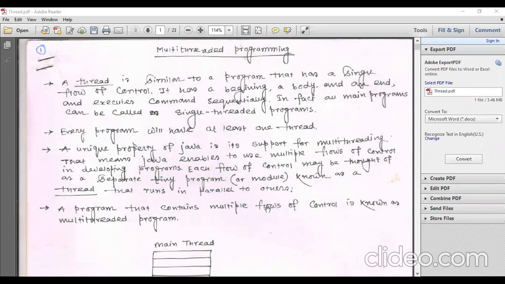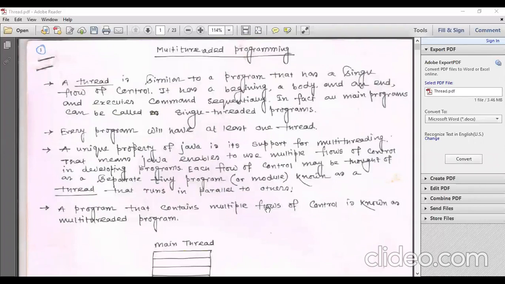The first approach is by extending the Thread class, and the second approach is by implementing the Runnable interface. In the last lecture, I have already discussed the implementation of multi-threading by extending the Thread class.